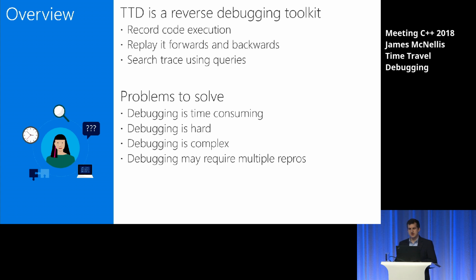So why time travel debugging? Well, we have some problems that we want to solve. First, debugging is time-consuming, and I'm sure that many people here are familiar with the tedious experience of carefully single-stepping through a program because you don't know exactly where a bug occurs and you don't want to accidentally step over the place where the bug happens. Debugging is hard. Of course, most problems that we debug are trivial little things, and it just takes a few minutes to find it and solve it.